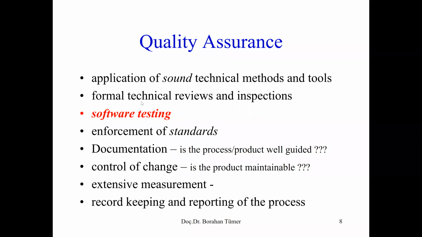In the verification, in the second bullet, we have to use formal technical reviews and inspections, that is static verification methods. At the third bullet, we have to apply software testing as a dynamic verification method. At the fourth point, to assure quality, we have to enforce standards at the different activities of the software process.